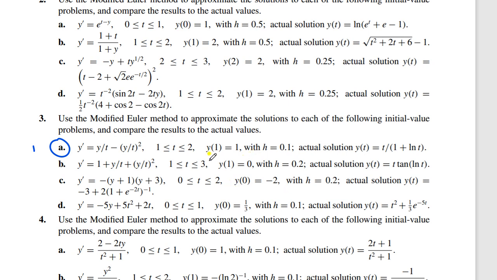So here there are 10 iterations, because H is 0.1, and you are starting from 1 to 2. So T naught is 1. So T1 will become 1.1, then 1.2, 1.3, 1.4, up to T10, which is 2. So there will be 10 iterations.